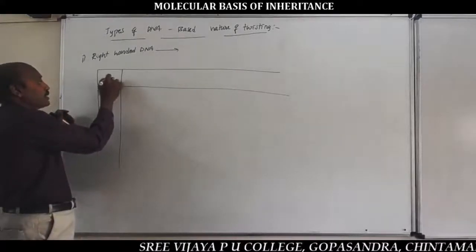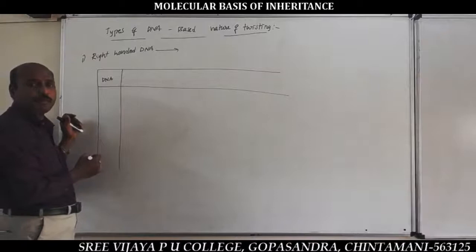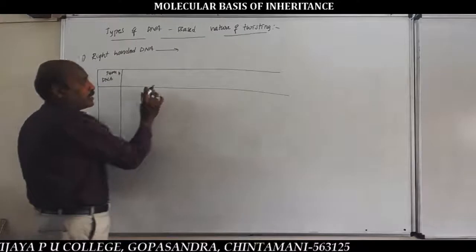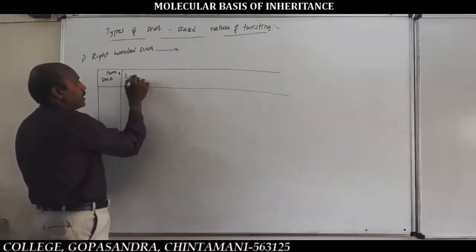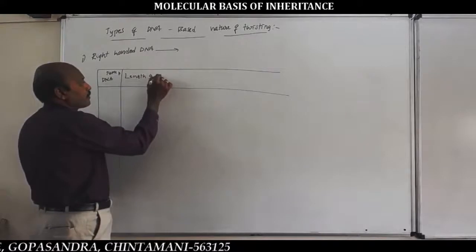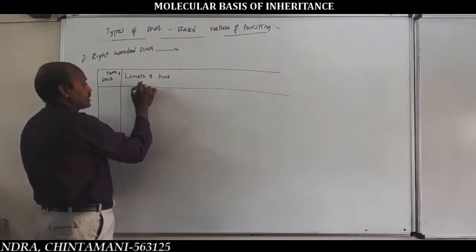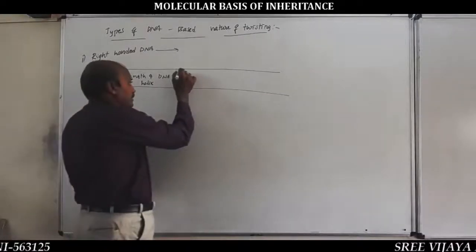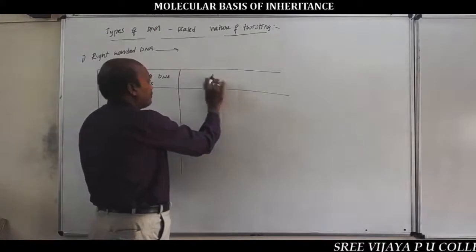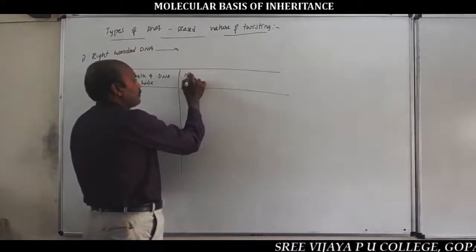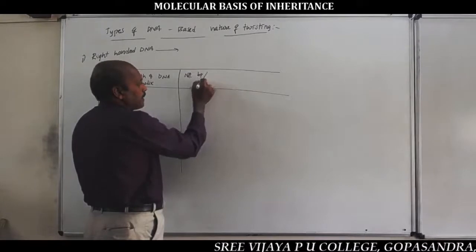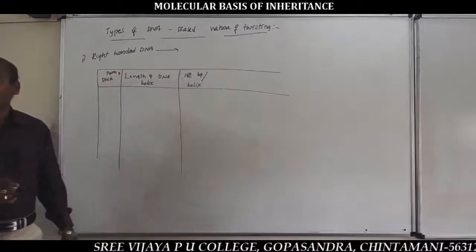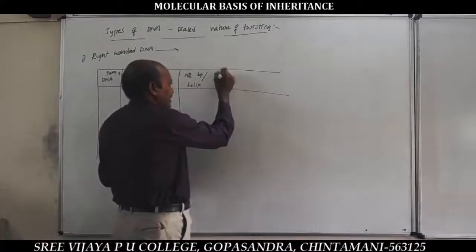So, in the first column, types of DNA. In the second column, length of DNA helix, DNA helix nothing but DNA gyrus. And in the third column, number of base pairs per helix, number of base pairs per gyrus.